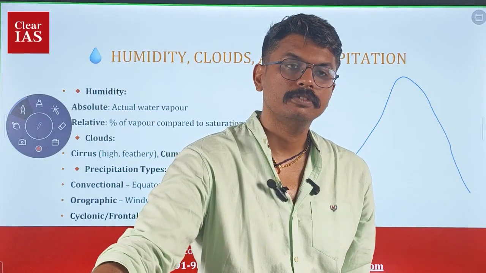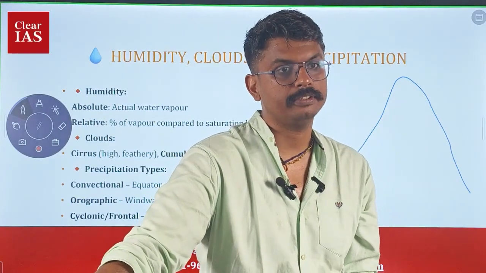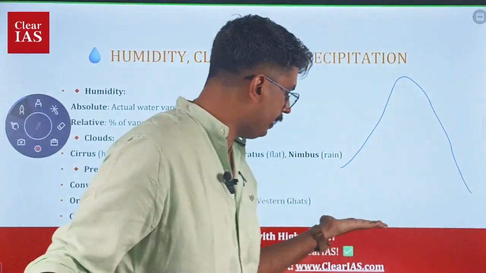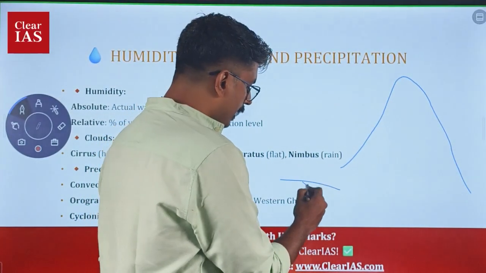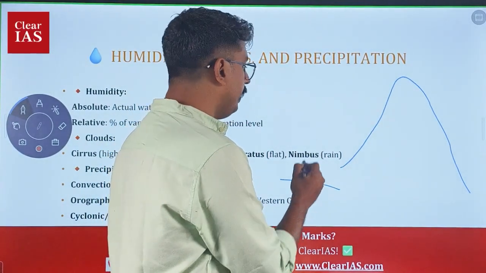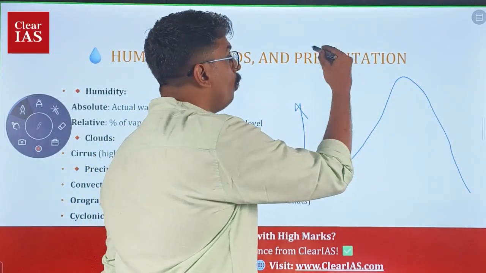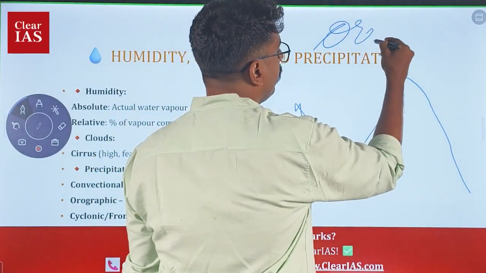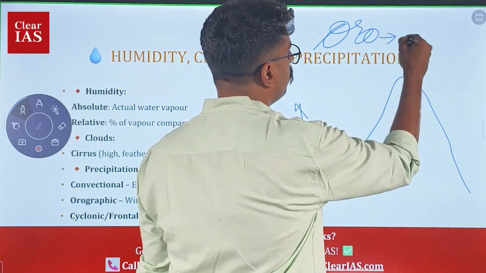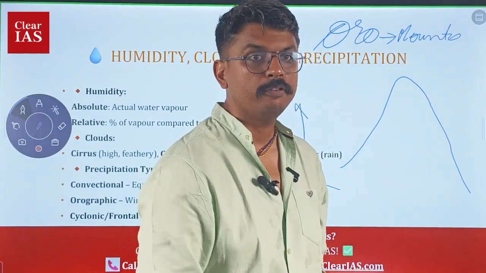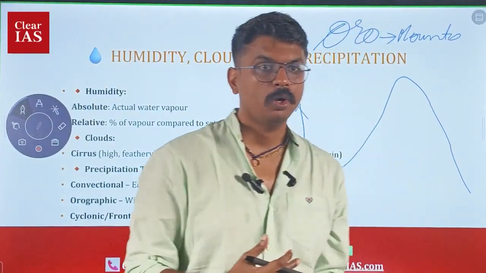air. So, how would air rise? That's the question. In convectional rainfall, we said the air will rise because the land is heated up and this heat will heat the air and air will rise. Convection. Orographic, the word oro in geography is related to mountains. Orogenesis means formation of mountains.